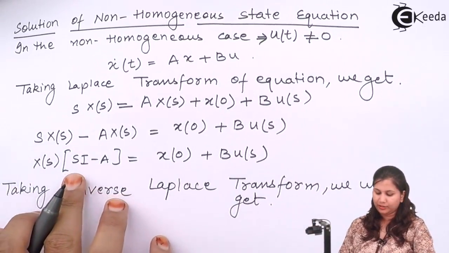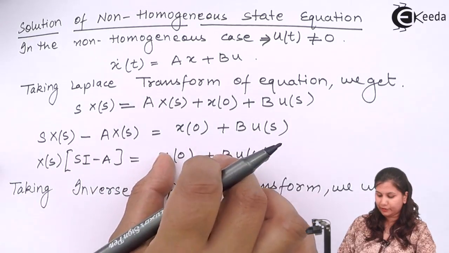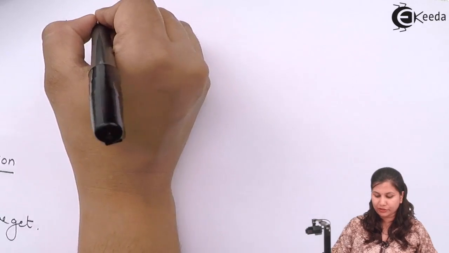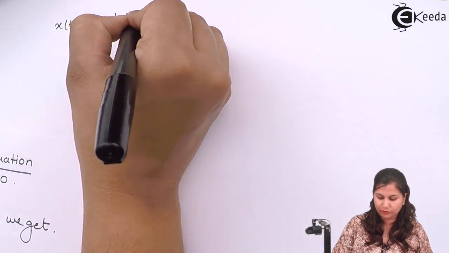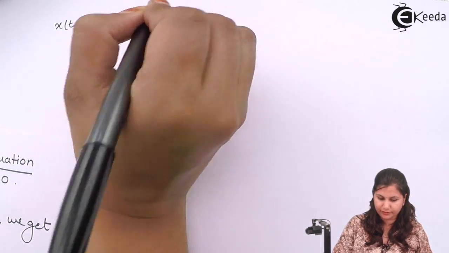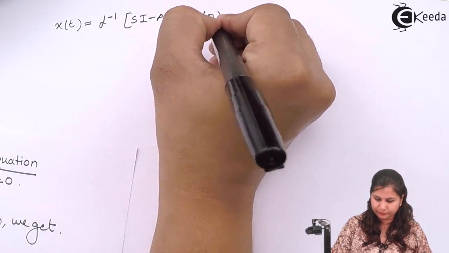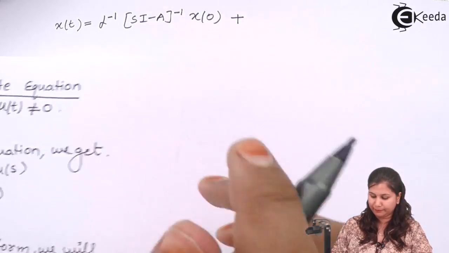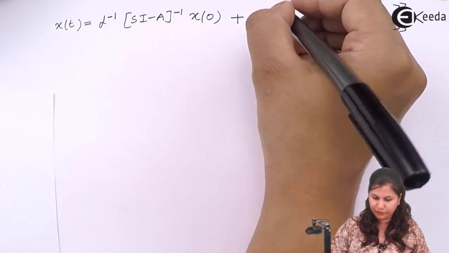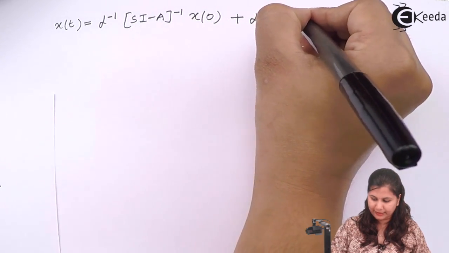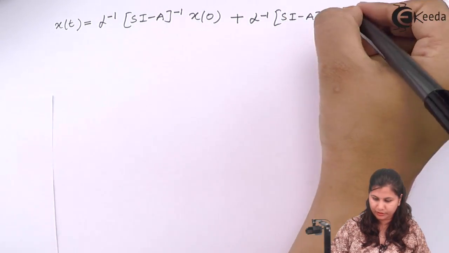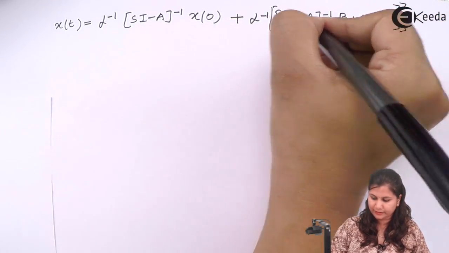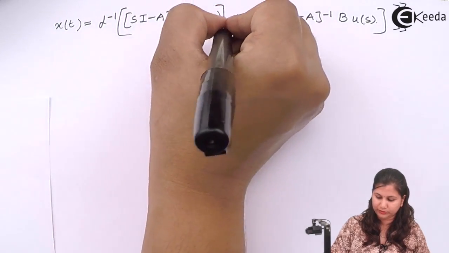Then if we bring this (sI minus A) to the right hand side, it will become (sI minus A) inverse, and its inverse Laplace transform will be the inverse Laplace transform of (sI minus A) inverse. Then we have x(0) plus this (sI minus A) inverse will also be multiplied with B. So we have here the inverse Laplace transform of (sI minus A) inverse B and U(s). It is the inverse Laplace transform of the whole term.